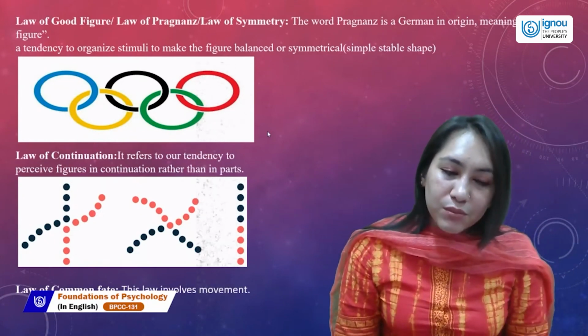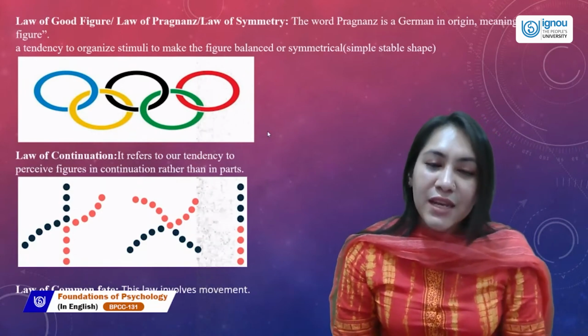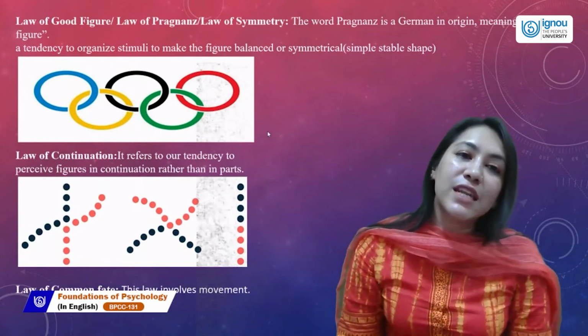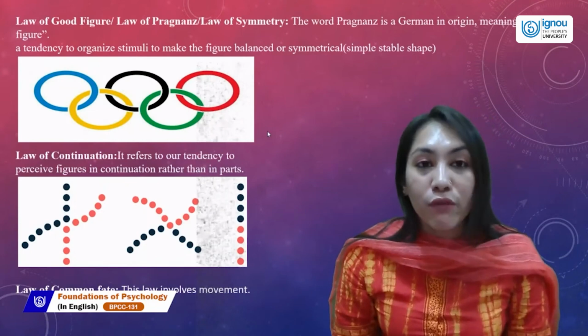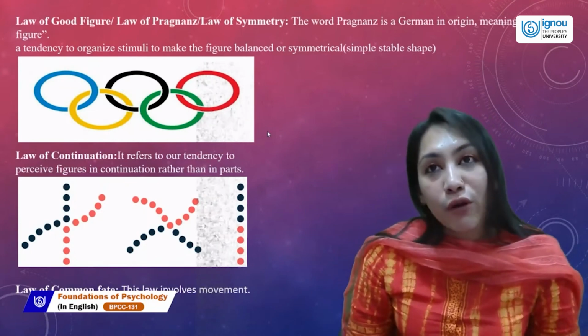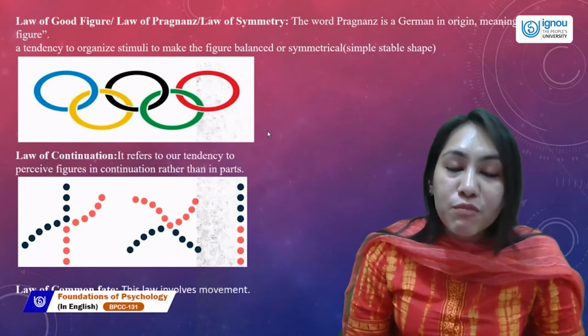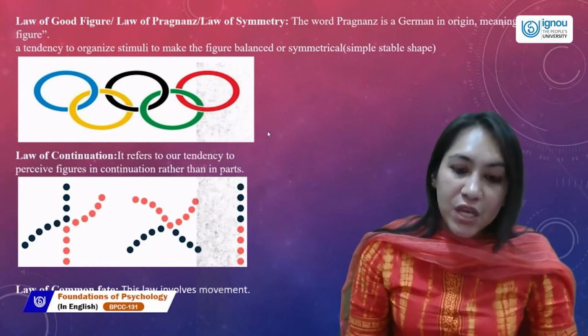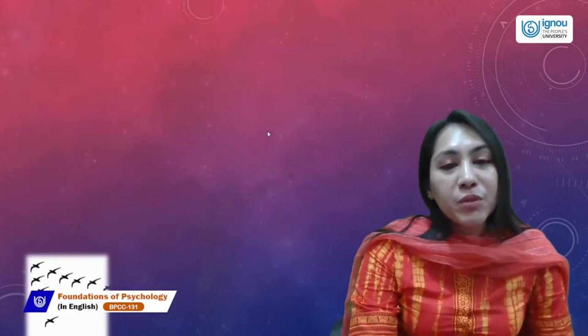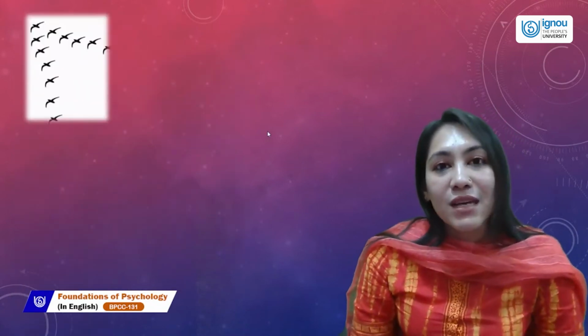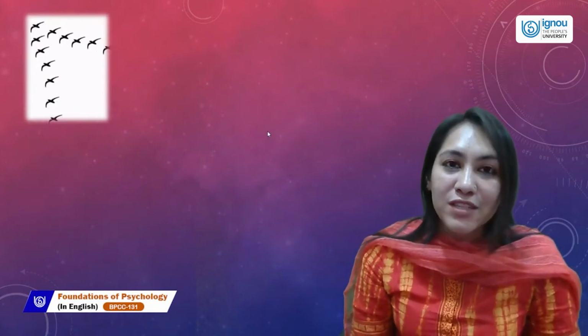An example is given on your screen again. Now let's take the next law that we have, which is the law of common fate. When we say law of common fate, it involves movement and again symmetry. I'll give you an example. The picture that you see is something which is the law of common fate.